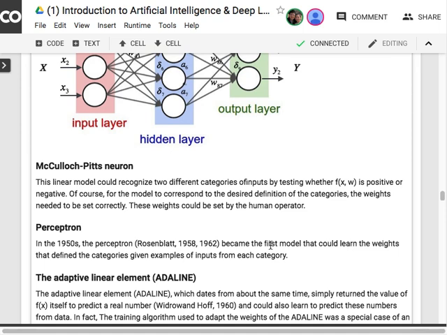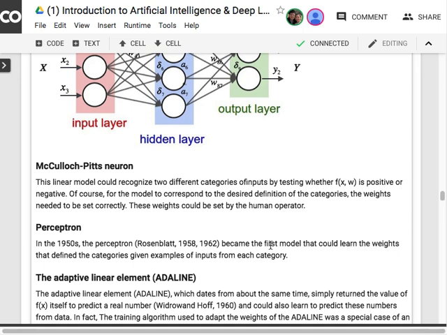And then after that, the Perceptron, in the 1950s, they could start learning the weights by using linear models.